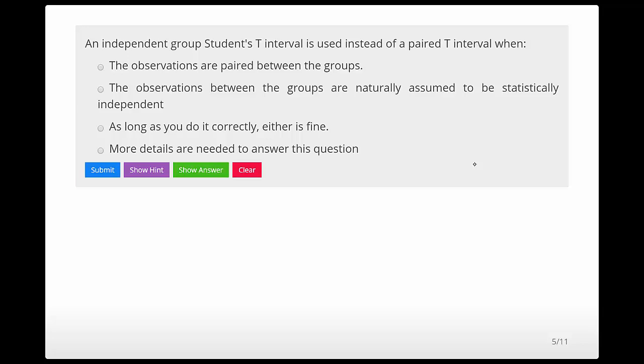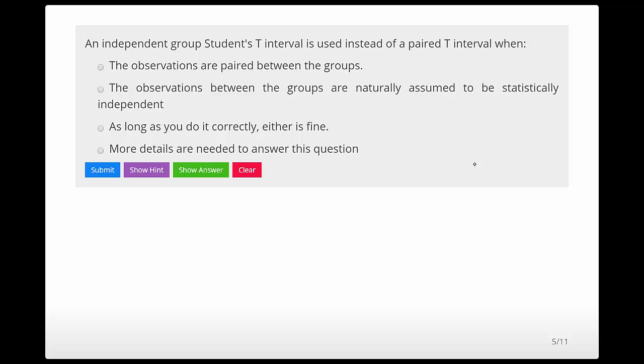On the other hand, if you do a paired interval when in fact your groups are independent, then that's just unreasonably incorrect. You can't even plead ignorance in that setting.